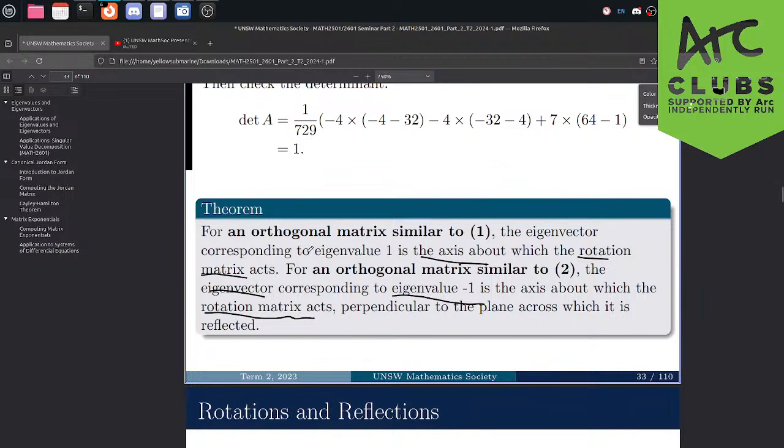So again, if you find the determinant is 1, you check the eigenvector for eigenvalue 1, that's the axis of rotation. If it's -1, you find the eigenvector of eigenvalue -1, and that'll be the axis of rotation, and the plane which it's perpendicular to is the reflective plane.